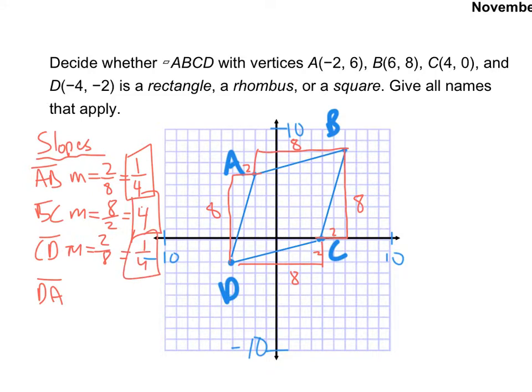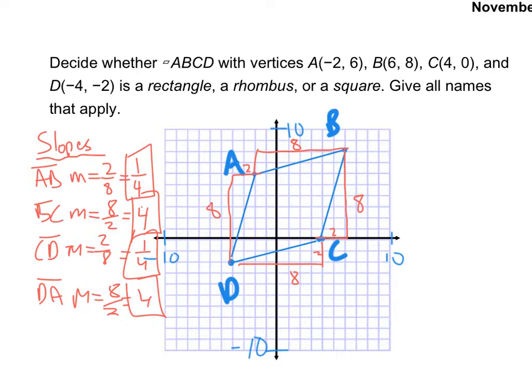And then DA, we see that DA is going up 8 over 2. So don't get caught up in the order we named it. They're all lines. They're all going up to the right, so they're all positive. And there are our slopes. We notice opposite slopes are the same. So that means it's a parallelogram. So we know that it's a parallelogram.